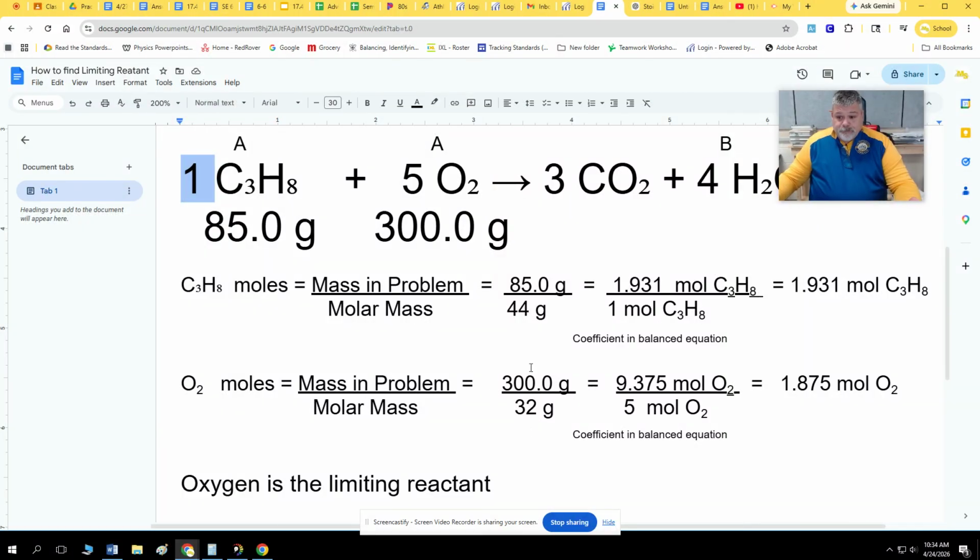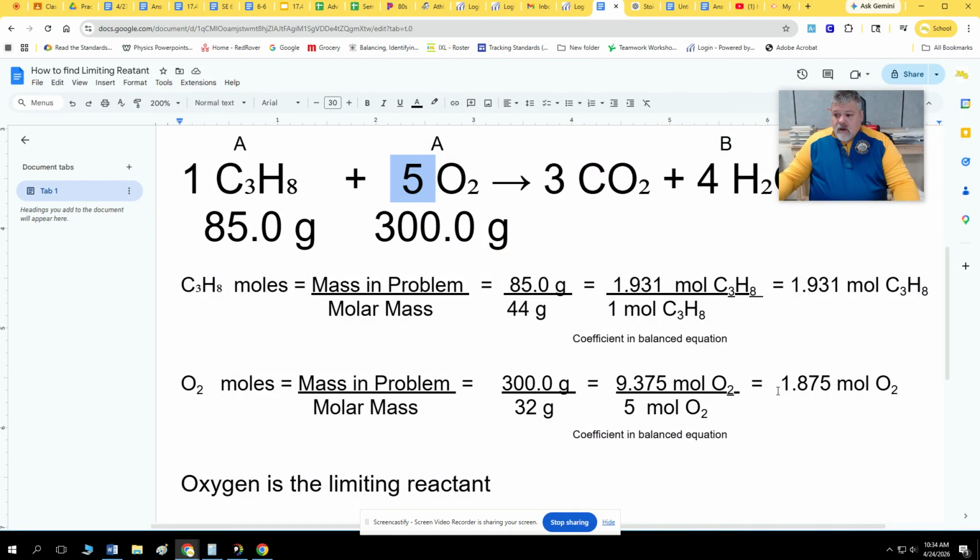So if I take 300 divided by 32, I'm going to end up with 9.375, which still looks like it's a lot bigger than the moles of propane, but I have to divide that by 5. When I divide that by 5, I come up with 1.875 moles of O2. Again, where did this 5 come from? It came from right here in the balanced chemical equation.